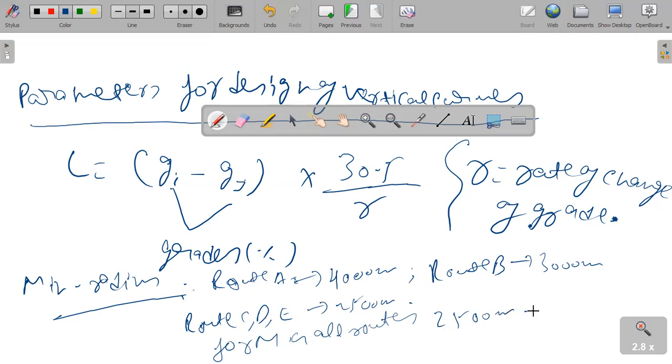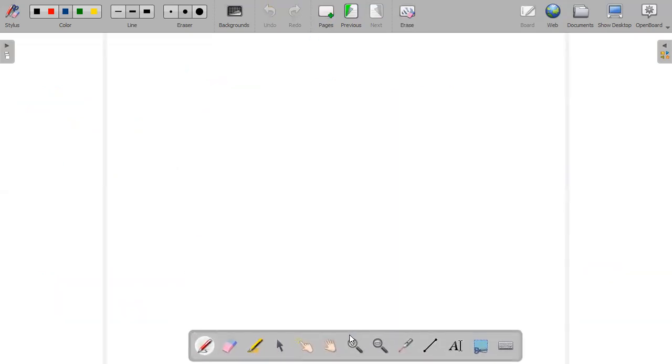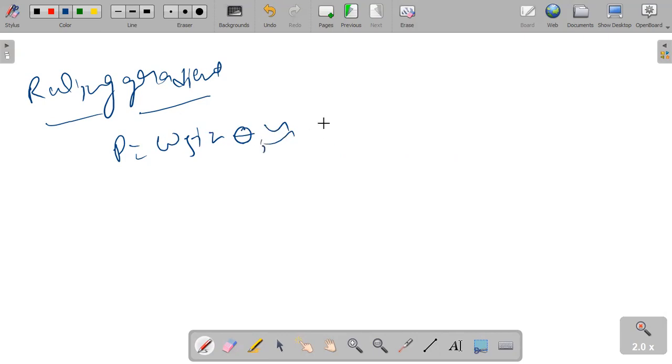One last thing in this topic is type of gradient and grade compensation. For type of gradient, we have ruling gradient, which has the formula P is equal to W sine theta, which is approximately equal to W into gradient.